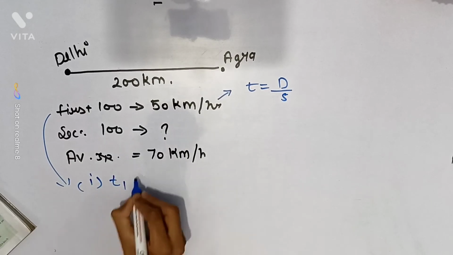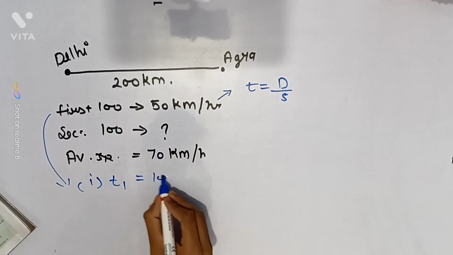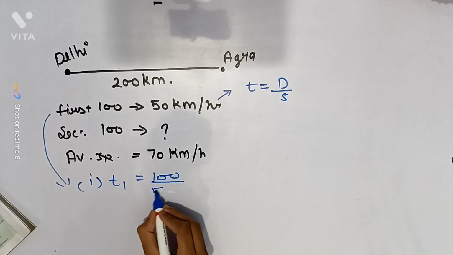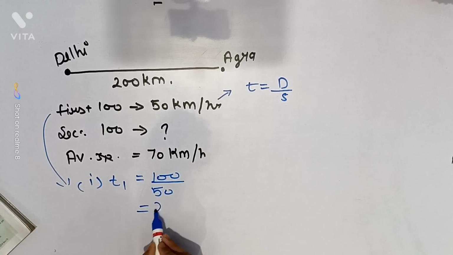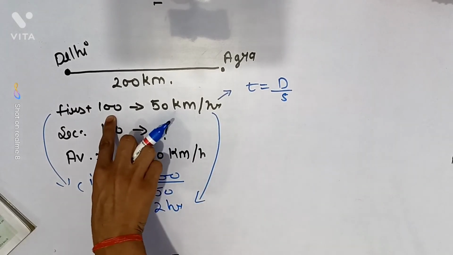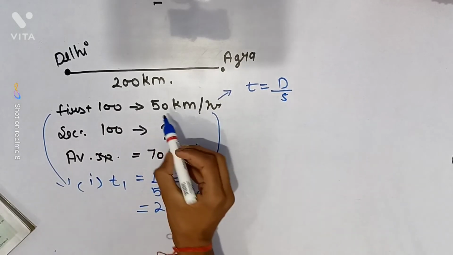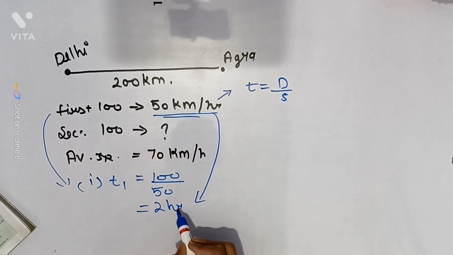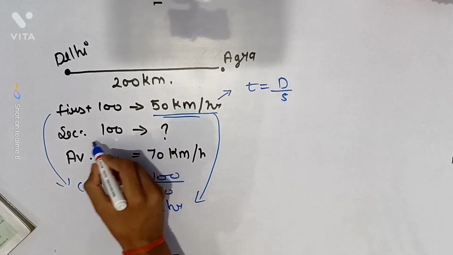That time t1 is equal to 100 upon 50. So we get 2 hours. So the time taken for the train to travel 100 km at a speed of 50 km per hour is 2 hours.